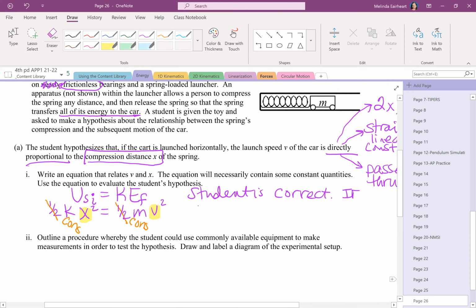If you double the compression, what's going to happen to the velocity? Well, notice both X and V are both squared, right? And so if you double the compression, then X squared is going to be proportional to 4. Which means 4 will be equal or proportional to V squared. And so what would V do?